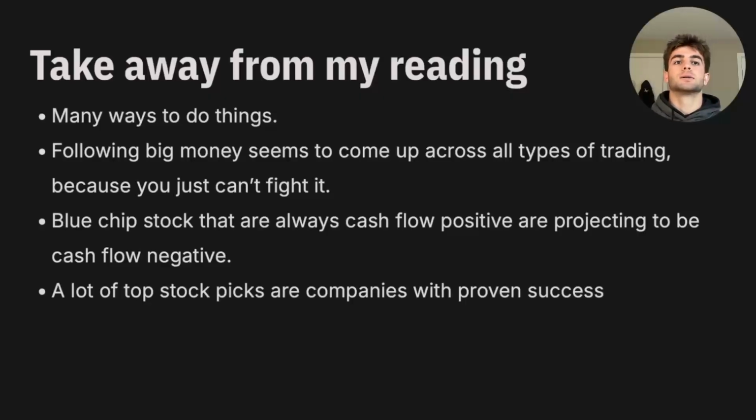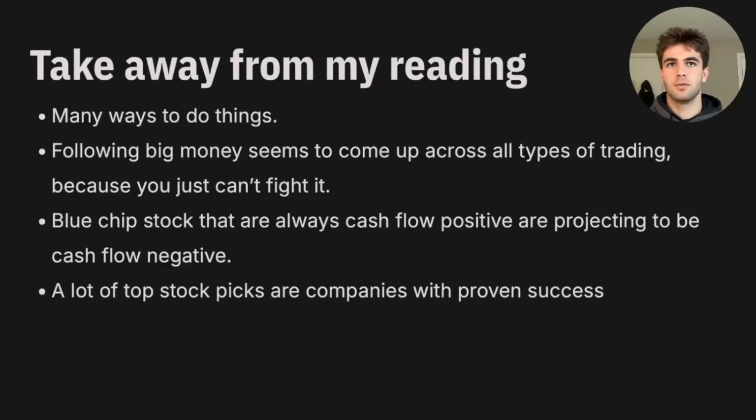That was very interesting. Another interesting thing, I don't know what it means yet. Blue chip stocks that have always been cash flow positive are projecting to be cash flow negative, like Amazon and Meta, I think, next year because of the absurd spend on AI infrastructure. And the idea is that it's needed. We're at a crazy time for the industry right now.